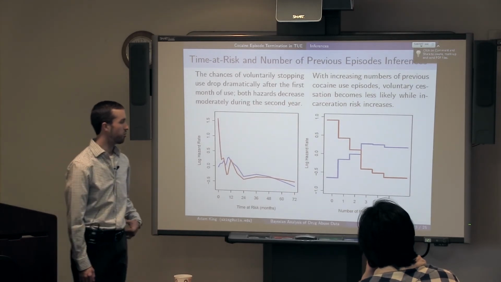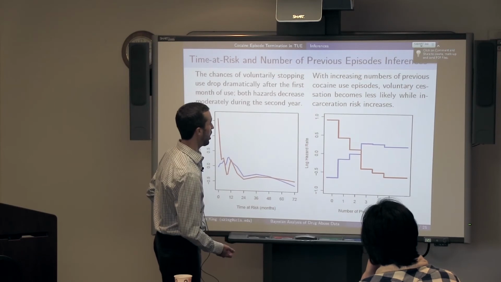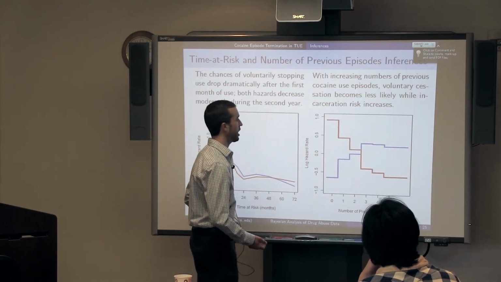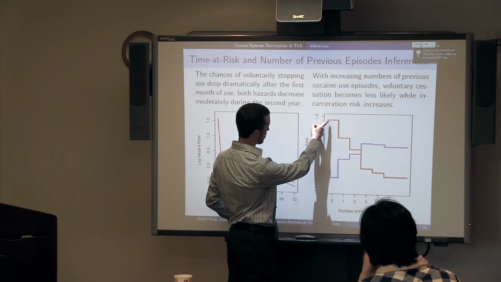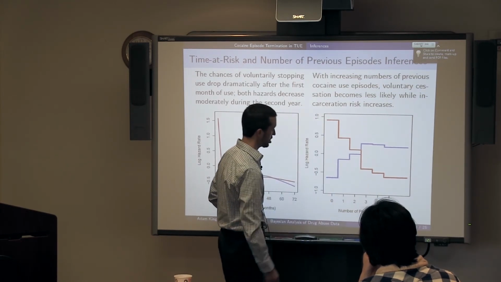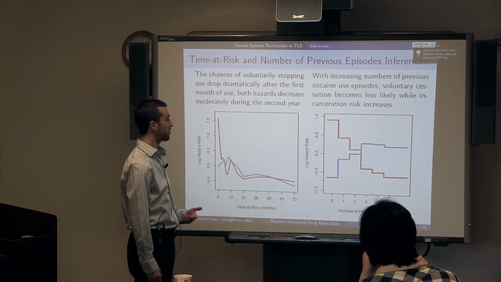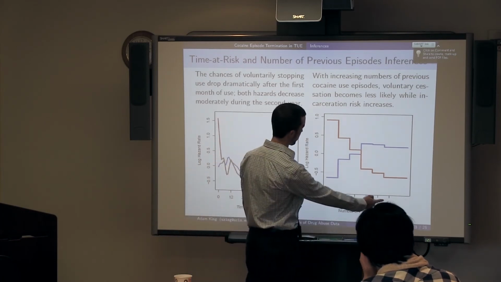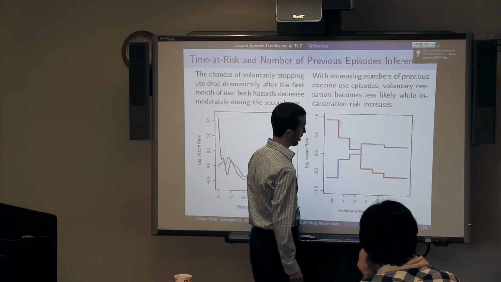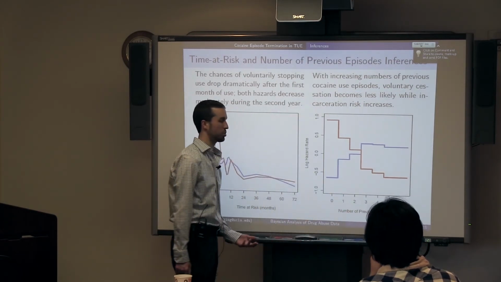And then finally, if you look at number of previous episodes of cocaine use, you see an opposite pattern. What you'll see is that if you look at the chances of voluntarily stopping use, it's fairly high after just one episode or having no previous episodes of cocaine use, and it drops. Once you have 5 or more episodes of cocaine use, your chances of voluntarily ceasing drug use become quite low.